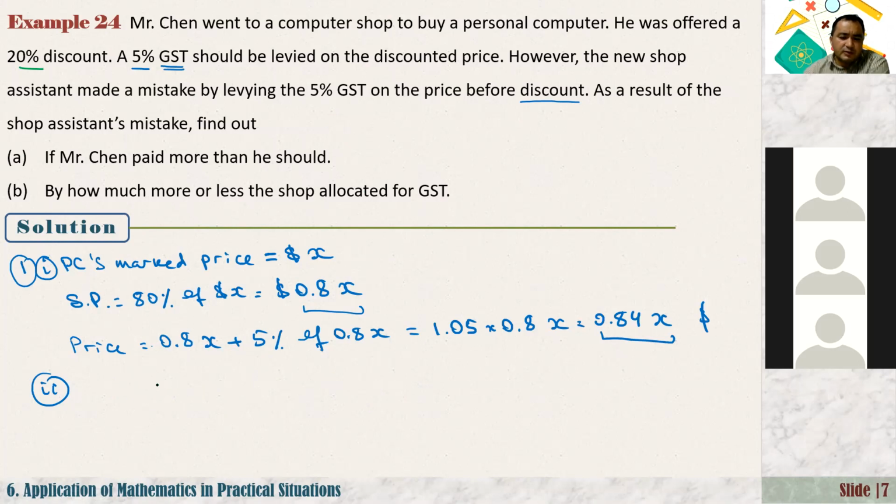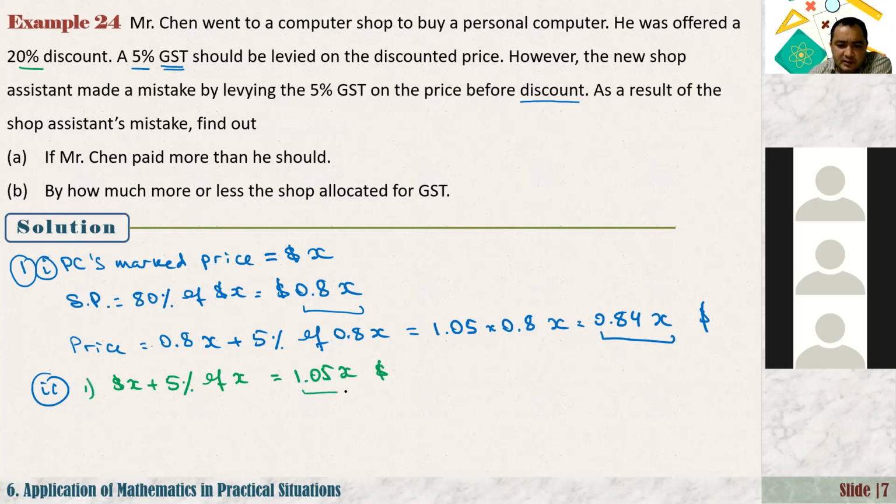Okay, what is going on here, guys? Wait, I'm a bit confused here. So before making the discount, it is X dollars. Now he's adding the GST, that is 5% of X. So that's equal to 0.05, right? That is 1.05X dollars, right? That's the first step.